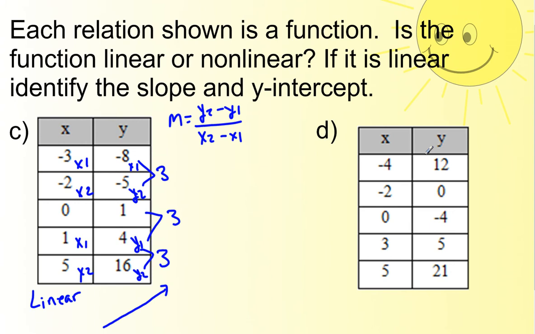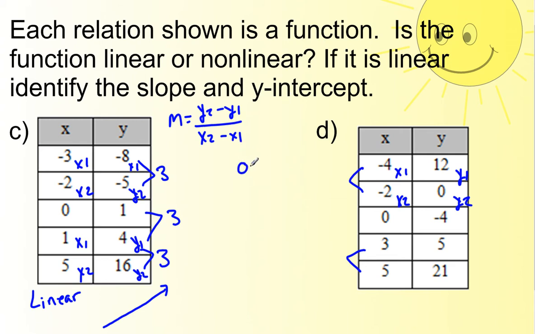Letter D. We'll do the same deal. I'm going to pick 2 points, and maybe those 2 again, and I'm going to find the slope. If the slope is the same, it's linear. If the slope is not the same, it's not linear. So x1, y1, x2, y2. So I have my equation up above here.